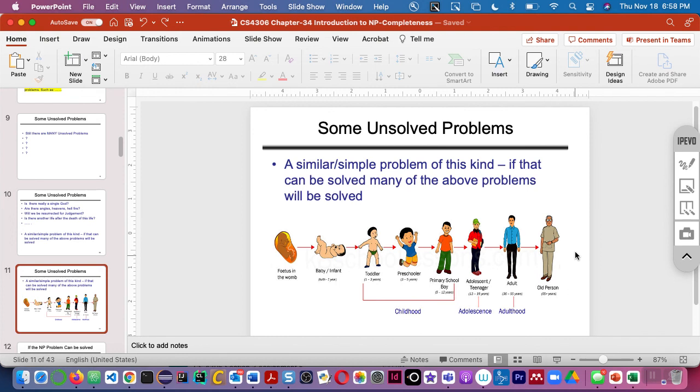So all human beings go through this sequence, right? Is there any doubt? There's no doubt in it, right?